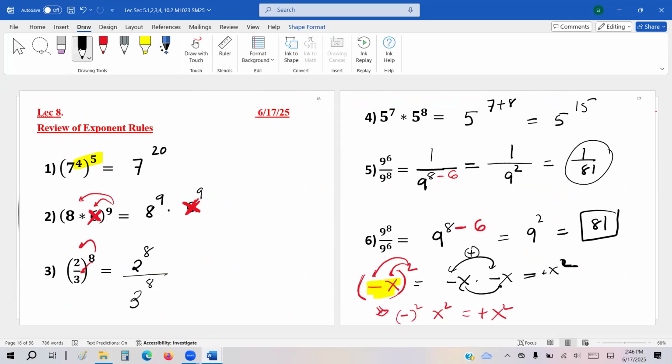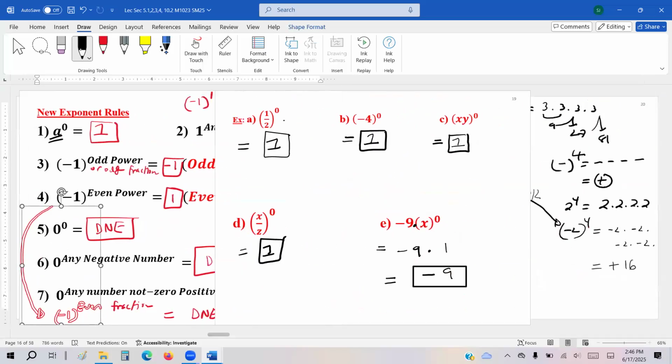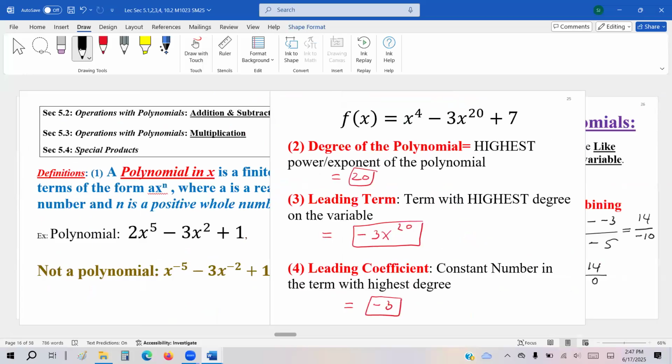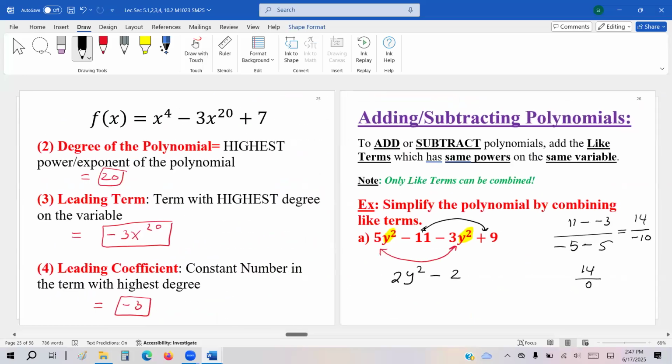So addition and subtraction don't have any power rule. Only multiplication and division have. So here, it's definitely not 2y to the 4. It's 2y squared. You keep your variable portion the same, and add and subtract their coefficients only. So this is 0.